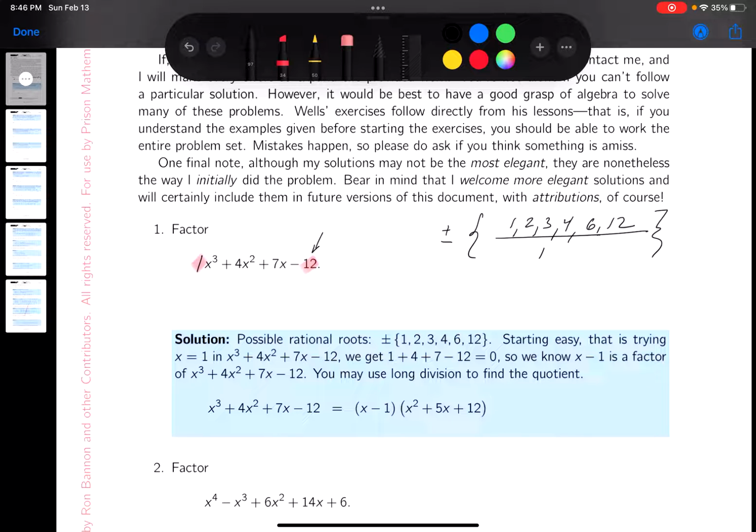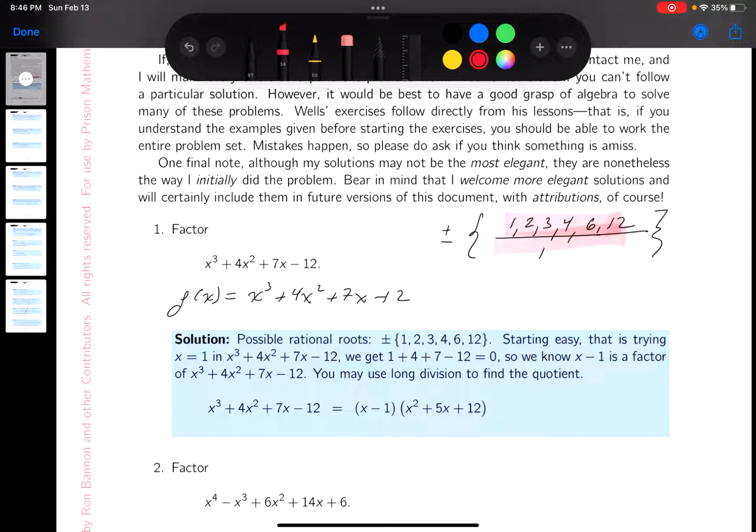Now, certainly when I say plus or minus, I'm saying that if f of x equals x cubed plus 4x squared plus 7x minus 12, and this has a rational root, it must be from this set over here.